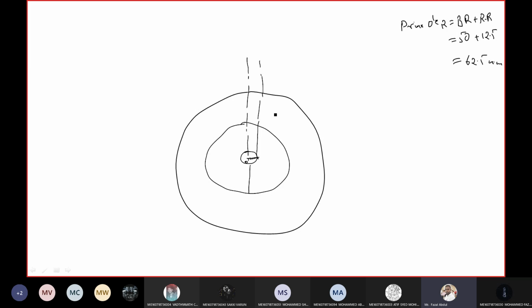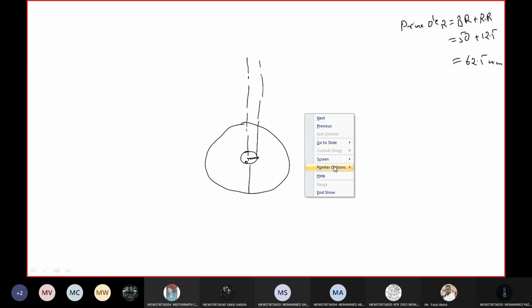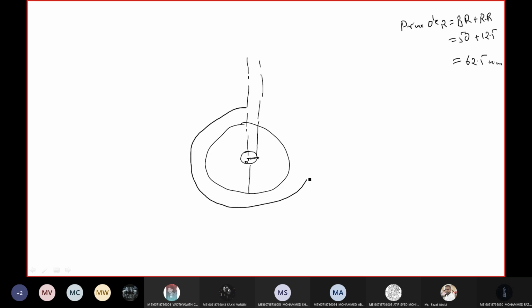Okay. After drawing the prime circle, now draw the roller. So the prime circle becomes bigger. What is the diameter of the roller?